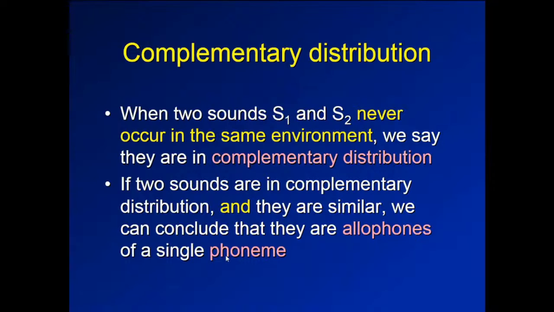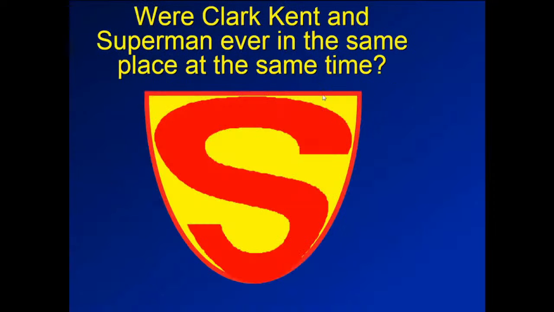One is always followed by voiced sounds, and the other is always followed by voiceless sounds. So the place where we can find S1, we cannot find S2. They never occur in the same environment, so they are in complementary distribution.